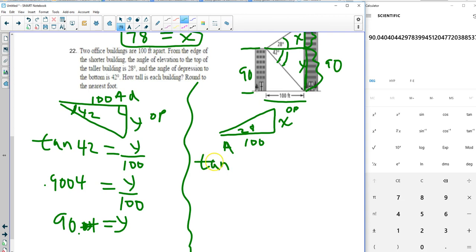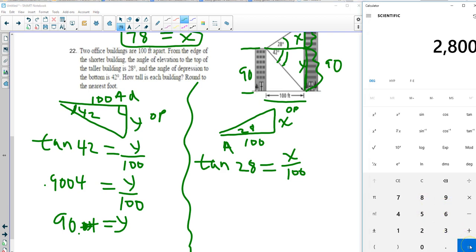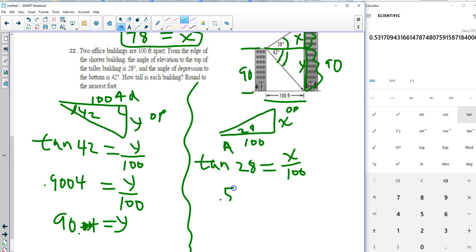So tangent of 28 has to equal x over 100. Go find out what tangent of 28 is. 28 tangent is 0.5317, which is equal to x over 100.